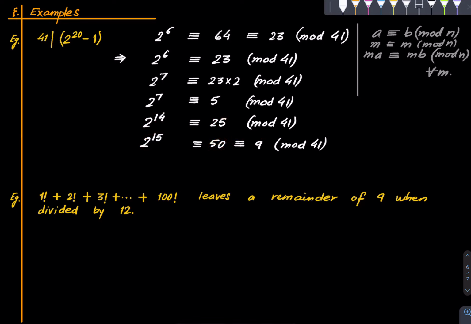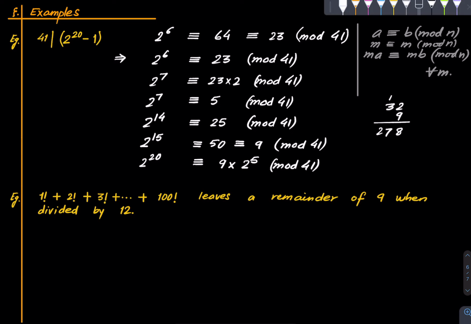All right, and now finally, let's do it directly. So now we multiply both sides by 2 to the power 5 modulo 41, and 2 to the power 5 is 32. So what is 9 times 32? It is 288.